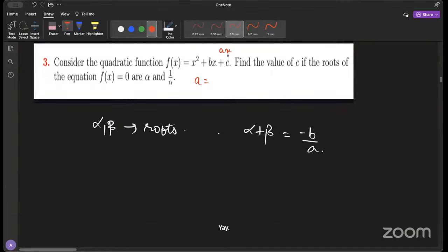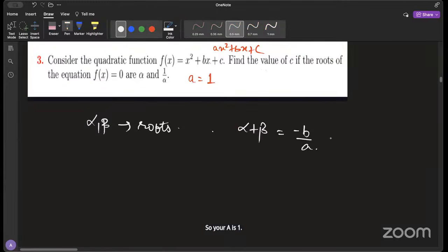If you compare this equation to the standard equation, a equals 1, b is just b, and c is just c. So your a is 1. That means your alpha plus beta is minus b, but that's not required.